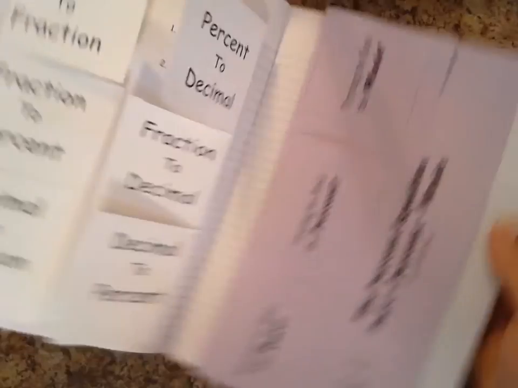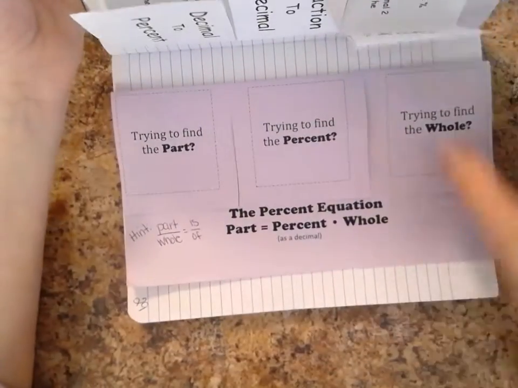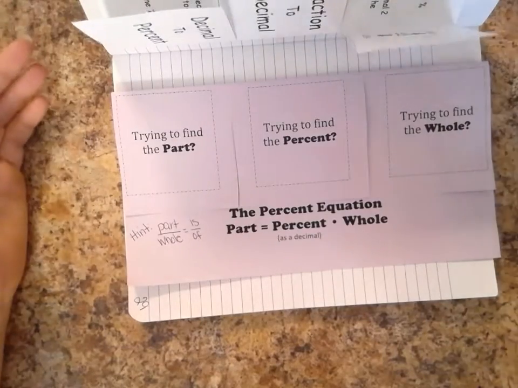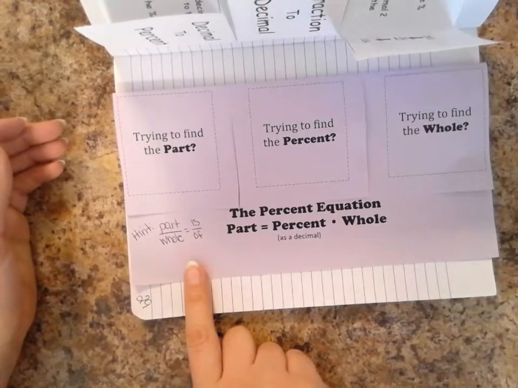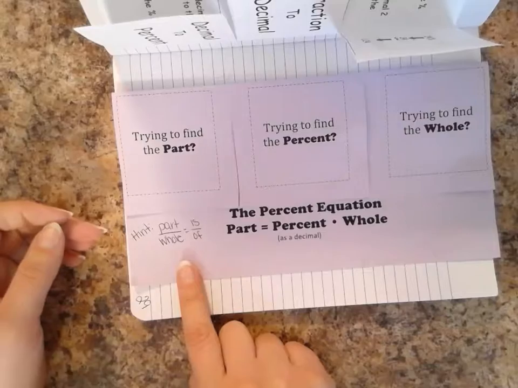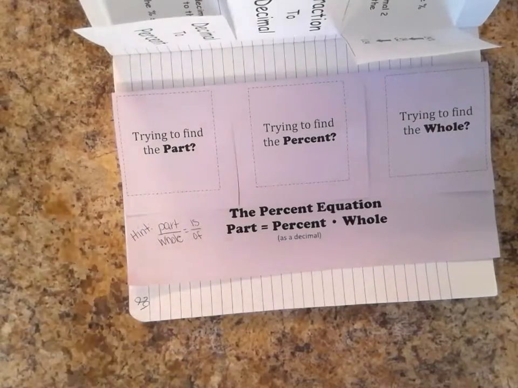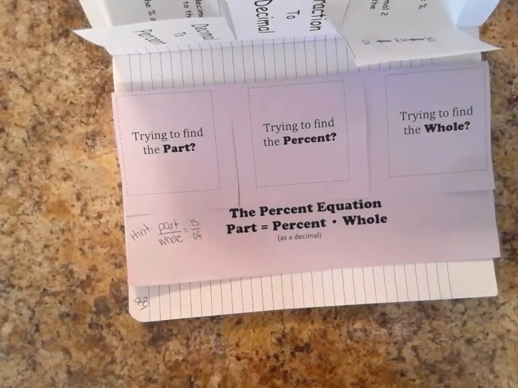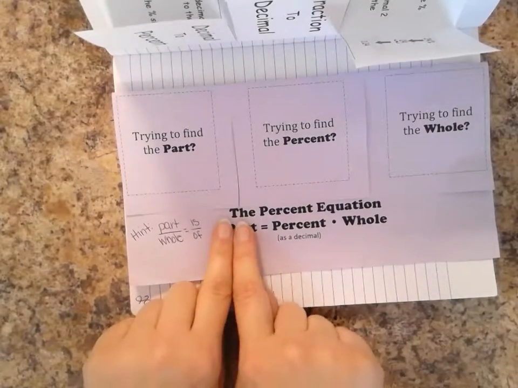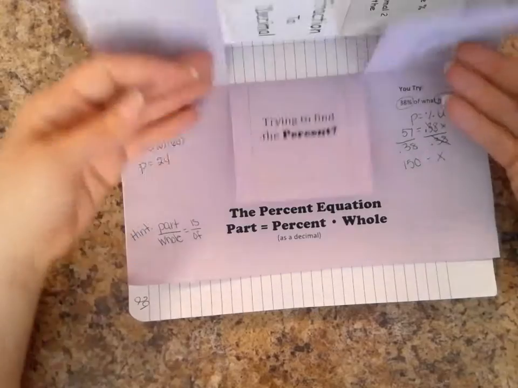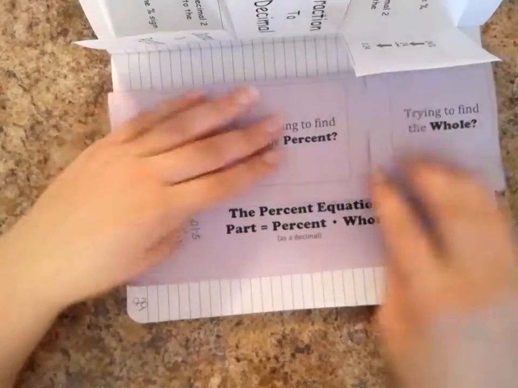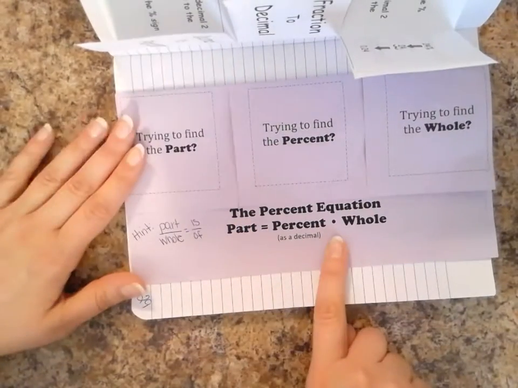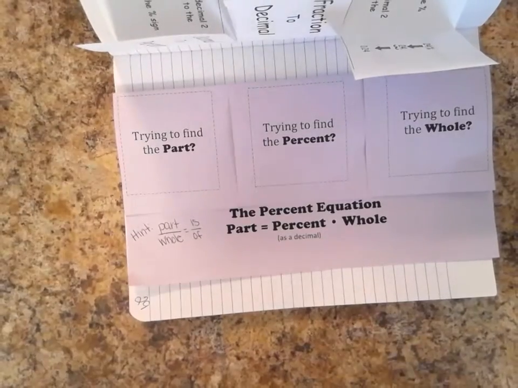The next thing you're going to do, we're going to try this. You're going to grab your purple paper and you're going to hot dog fold it. But you're not going to quite do a full hot dog fold because you want to make sure that when you fold it over, the percent equation part, equals percent times whole, is visible.